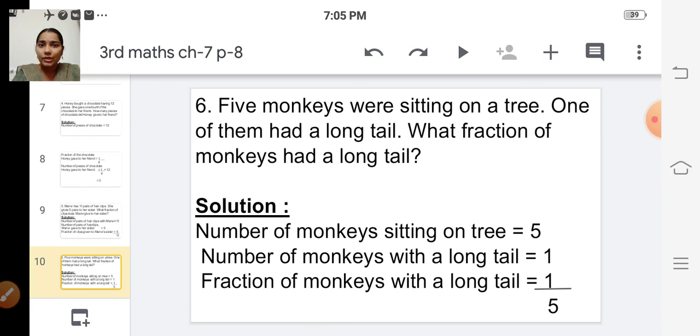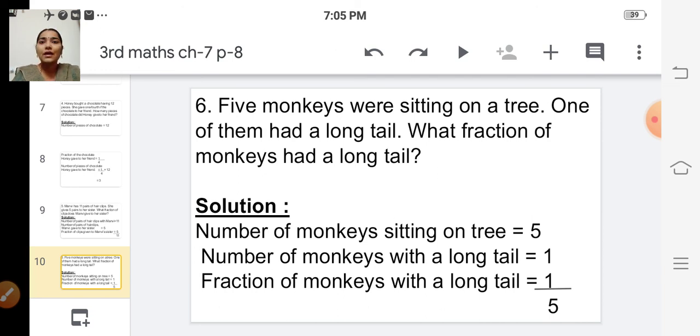But in some questions they have given the numbers and they have asked the fractions. So you have to read the question carefully.